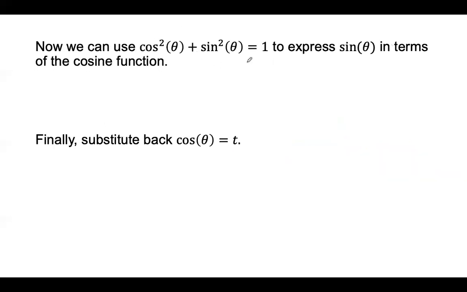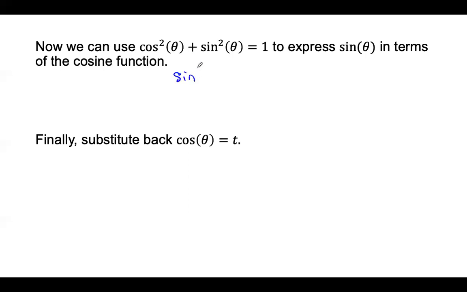Now, if we remember this pretty famous trig identity, cos squared plus sine squared is equal to 1, we can rearrange it and it'll help us. So let me write this down. We can rearrange it for sine first.